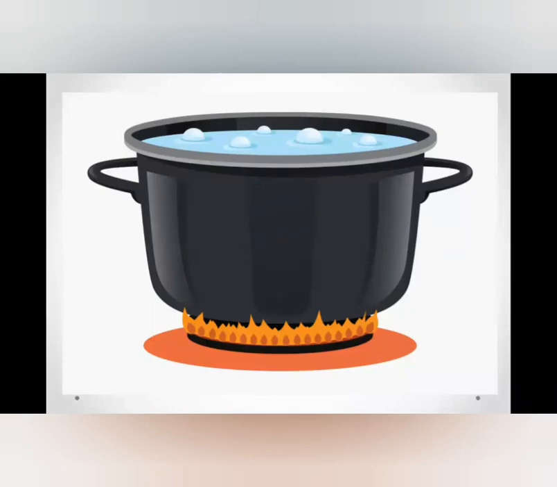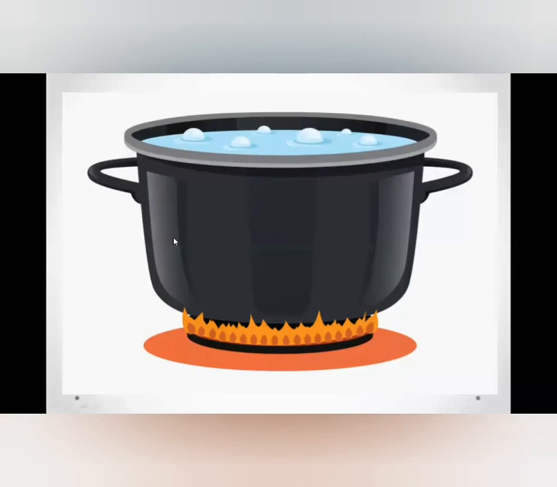When water starts heating, it first gets heated in the lower part of the bowl, and slowly the upper part starts getting heated.